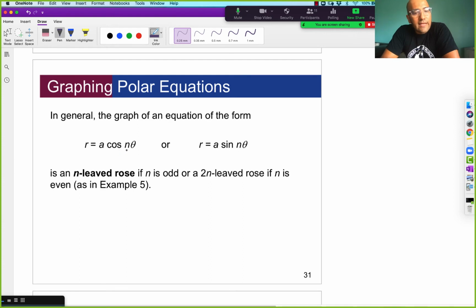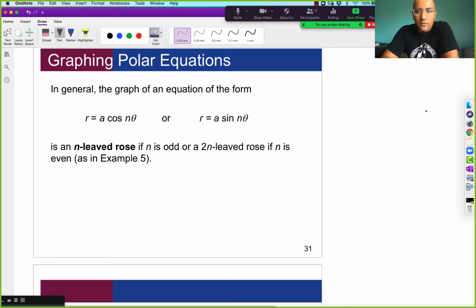Either a cosine n theta or a sine n theta will be the rose, and then the A will just make it bigger or smaller, right? So how far it extends from the origin. Good. Any questions?